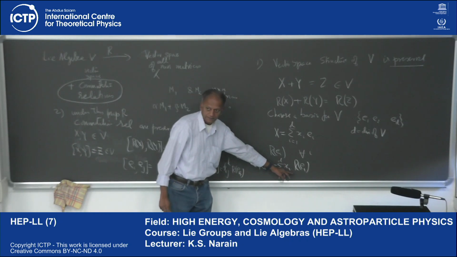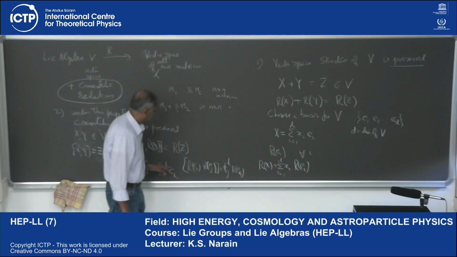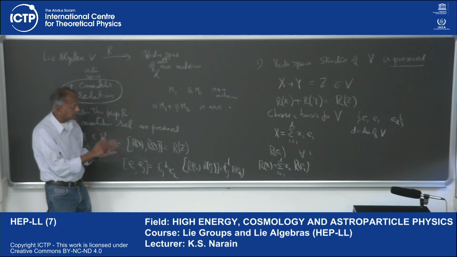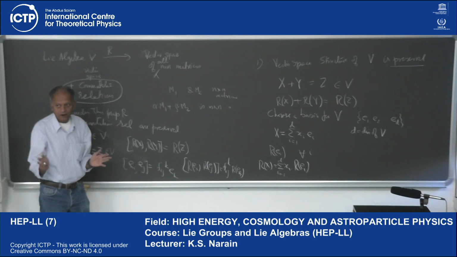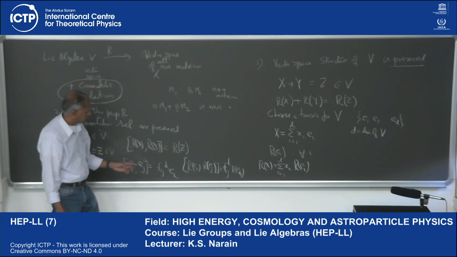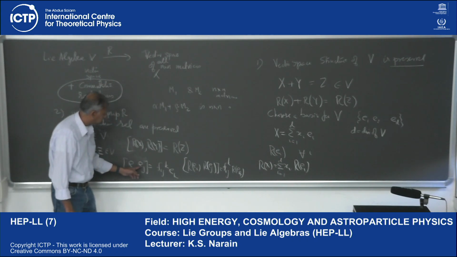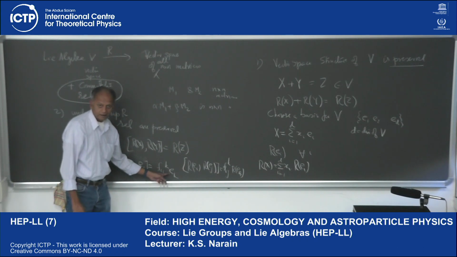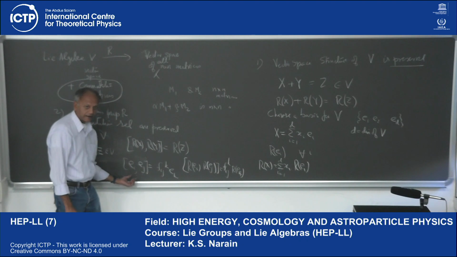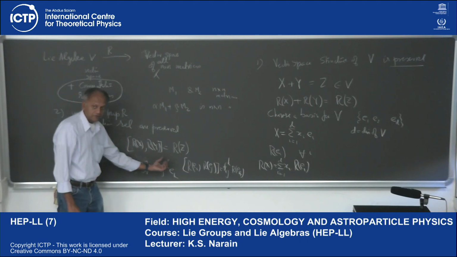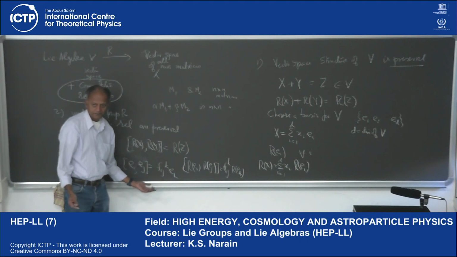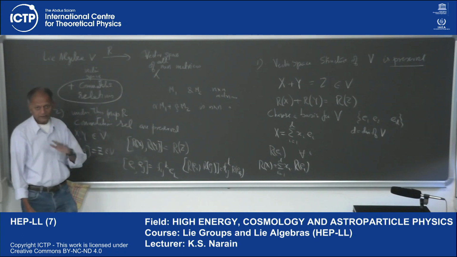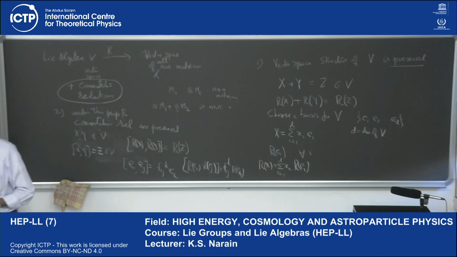But when you look at this condition, these three R's are not independent, because sigma 1 with sigma 2 is some number times sigma 3. So once I've defined R of sigma 1 and R of sigma 2, R of sigma 3 is uniquely fixed. So these are quite strong conditions.